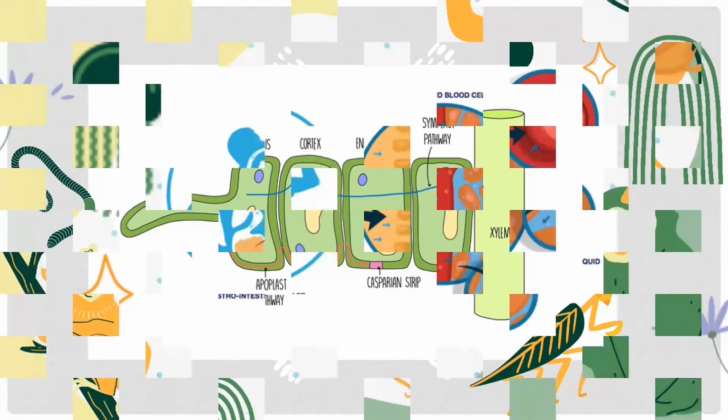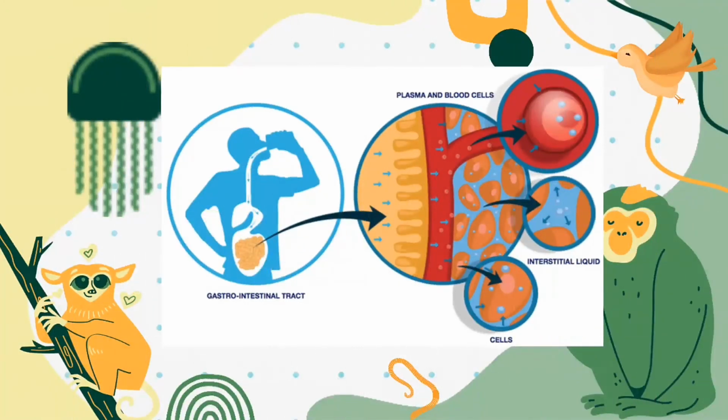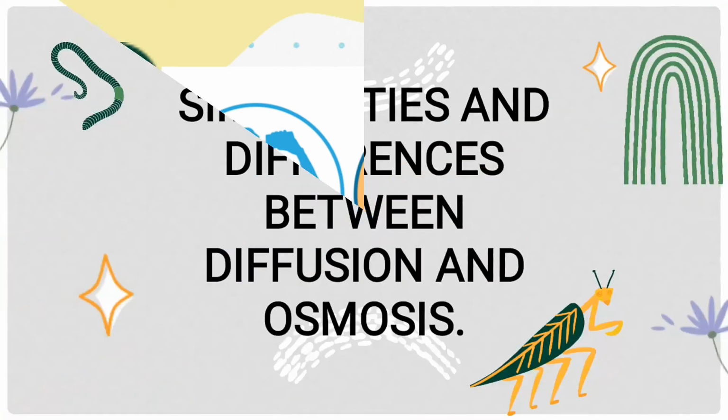And also we have the reabsorption of water into the blood. When we take in water, it mixes with the blood through the process of osmosis. So there is movement of water from a region of lower concentration to a region of higher concentration until an equilibrium is achieved through a semi-permeable membrane.